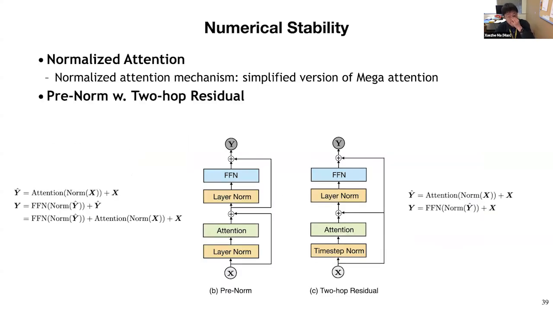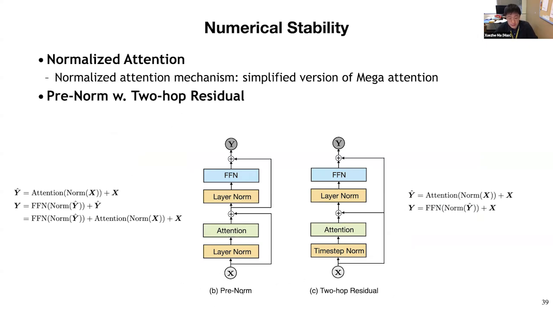And the last one is what we call pre-norm with two-hop residual. This is just a small modification of the pre-normalization mechanism. Here is a direct comparison between these two normalization mechanisms.